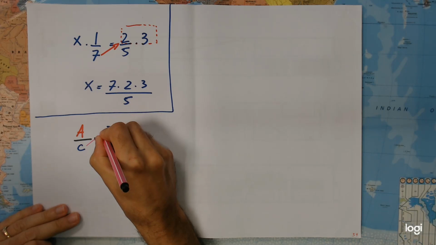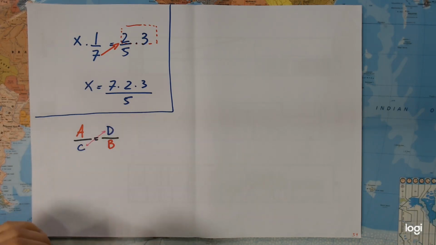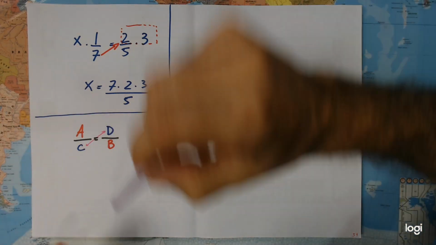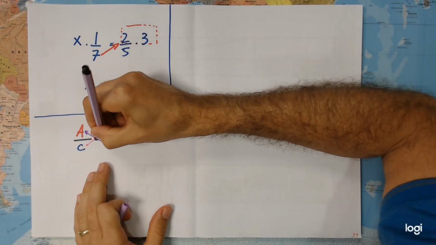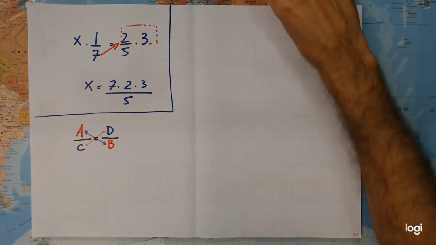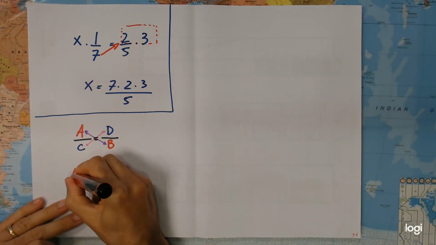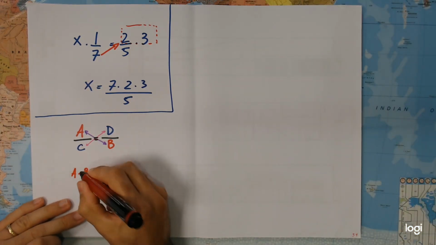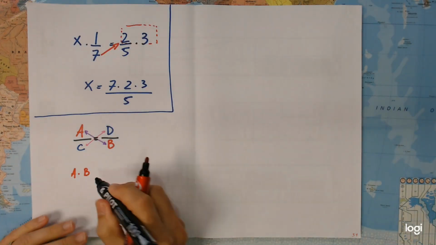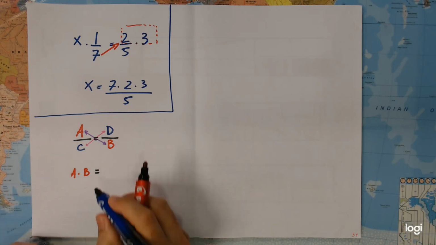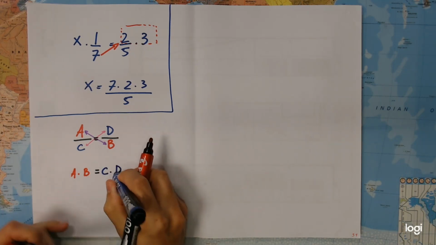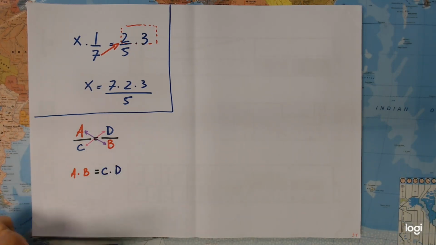Multiply those two and multiply those two. What is the result? A times B equals C times D. So far, so good.